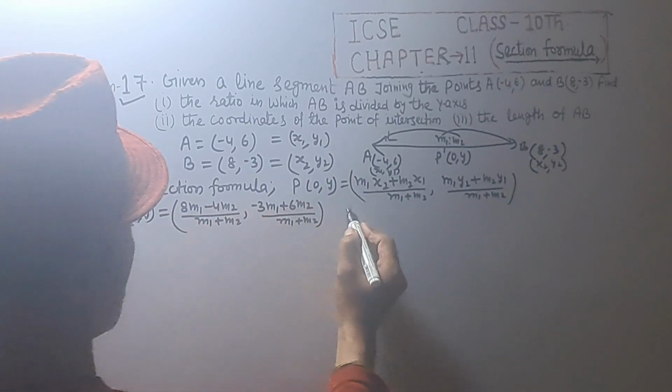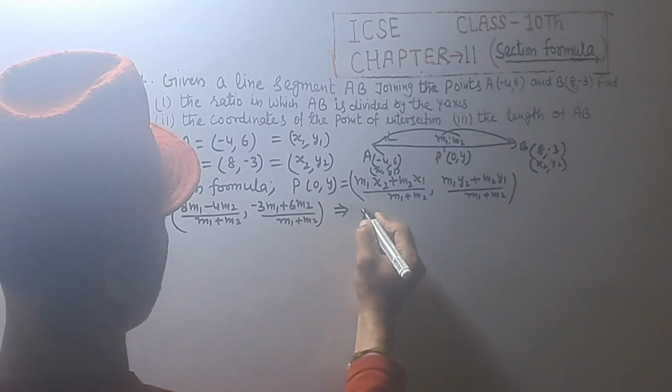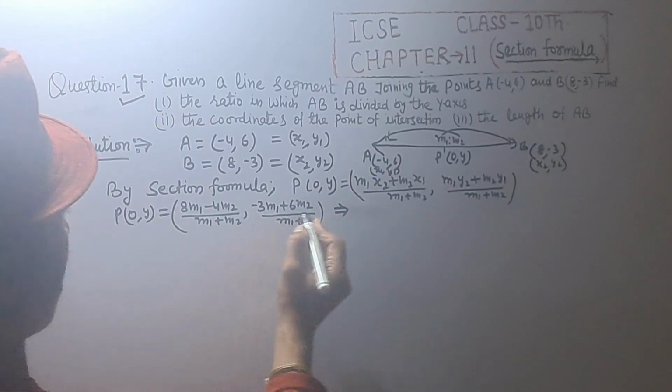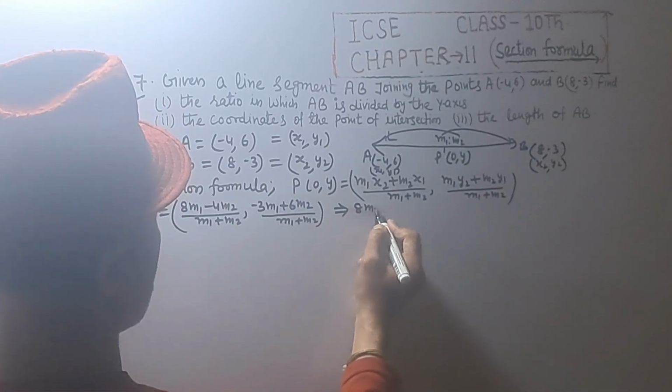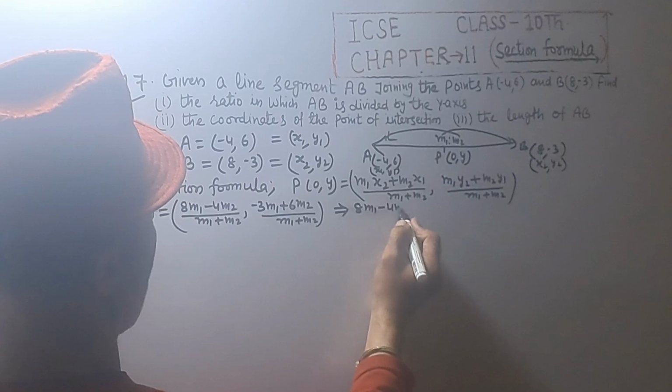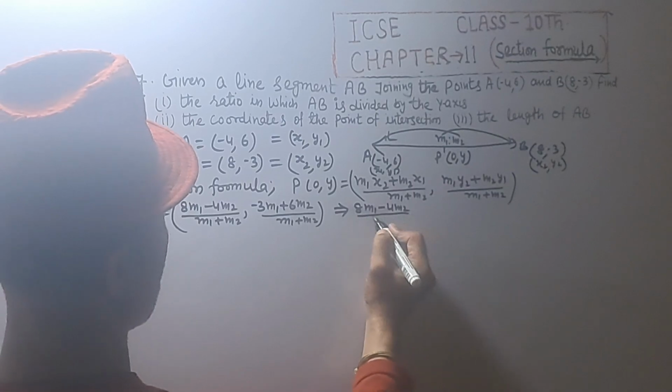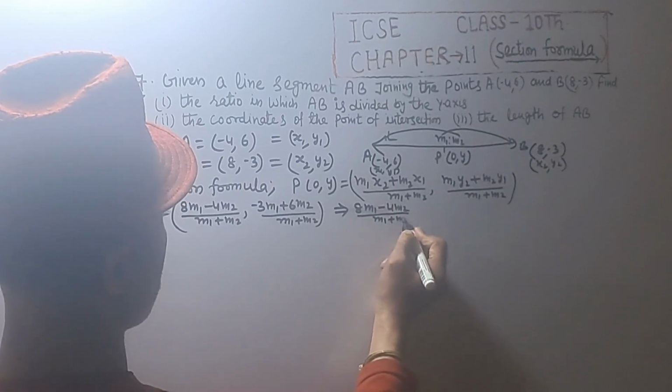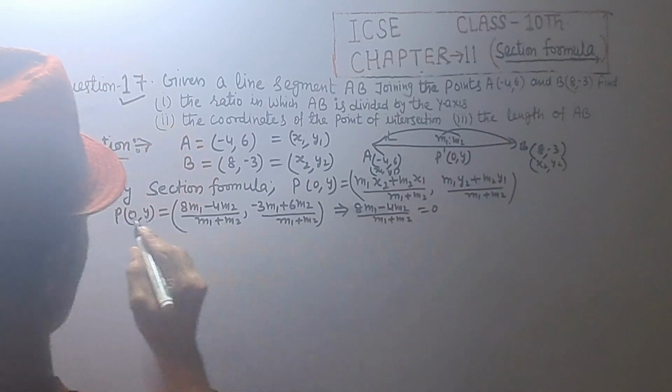First we find the ratio, which implies (8m1 - 4m2)/(m1 + m2) is equal to 0.